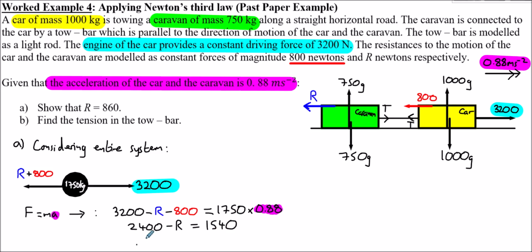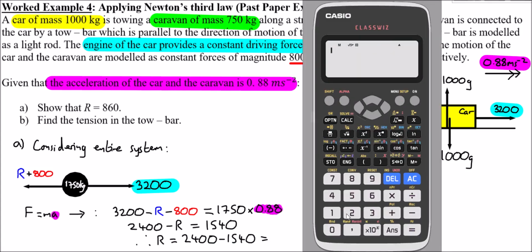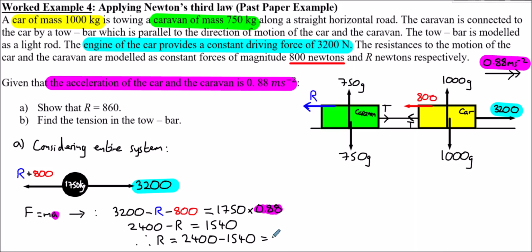So with a simple rearrangement, we can see what R is. R is going to be 2,400 minus 1,540. And that's 860 newtons.